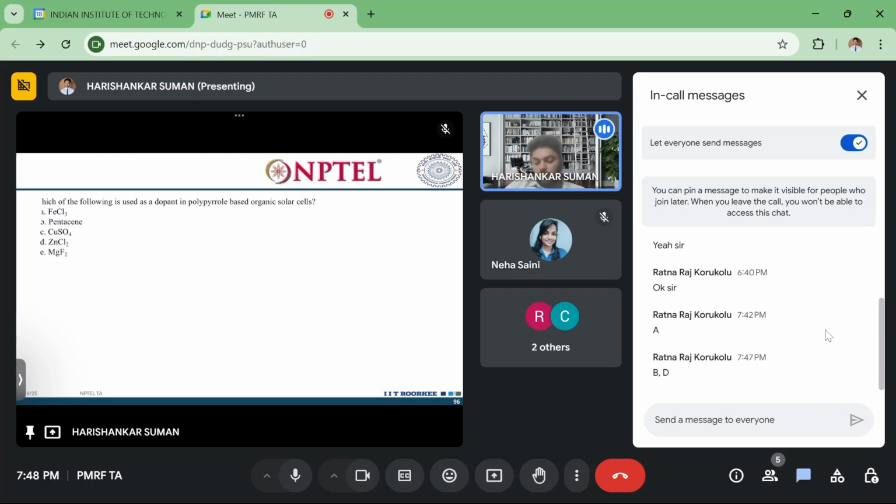Which of the following is used as a dopant in polypyrrole based organic solar cell? Yes, please, your answer.